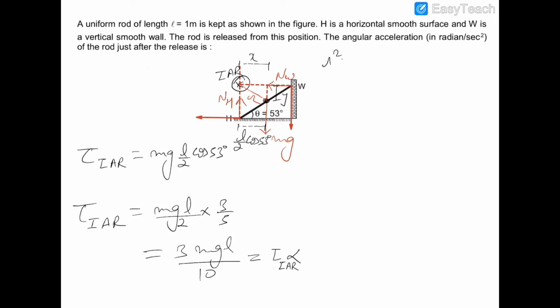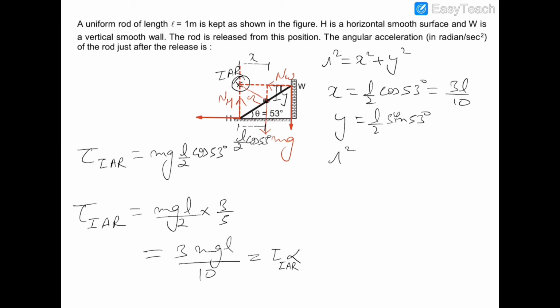So r square is equal to x square plus y square, and x is equal to L by 2 cos 53, which is equal to 3L by 10, and y is also 53. So the component of y, this one, is L by 2 cos 53, and this is L by 2 sin 53. So y is equal to L by 2 sin 53.